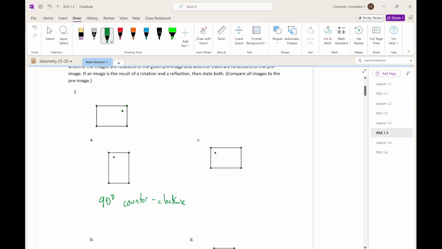If we turn the original image 90 degrees counterclockwise, we'll end up with that image.